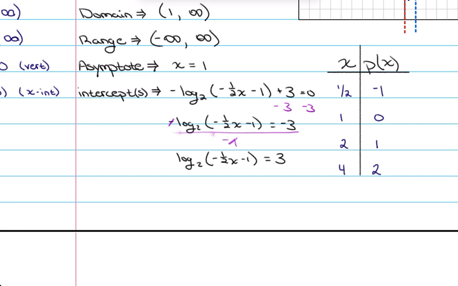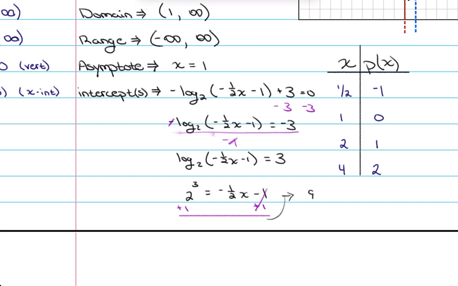I'm going to transform this into exponential notation since I have my logarithm by itself. That means I have 2 cubed equals -1/2 x minus 1. I'm going to add 1 to both sides. This is what makes it spicy and complicated, is you just have a little bit more algebra work to do. Okay? This ends up being 8 plus 1 is 9. So we have, oh, running out of room. I'm going to do it over here.